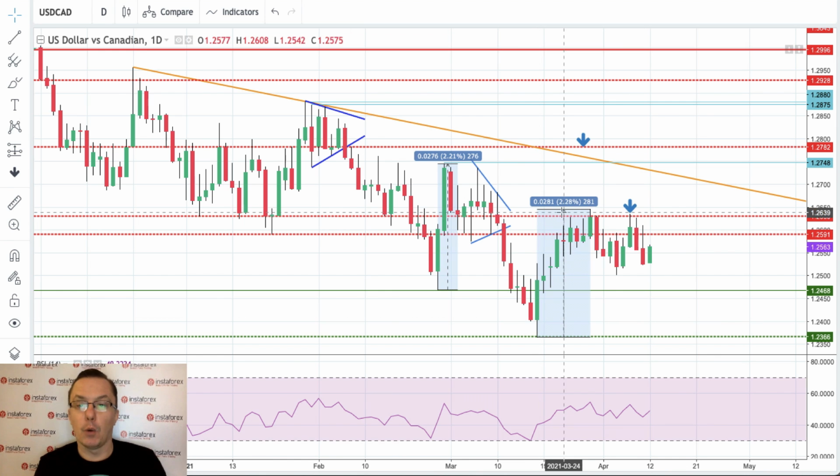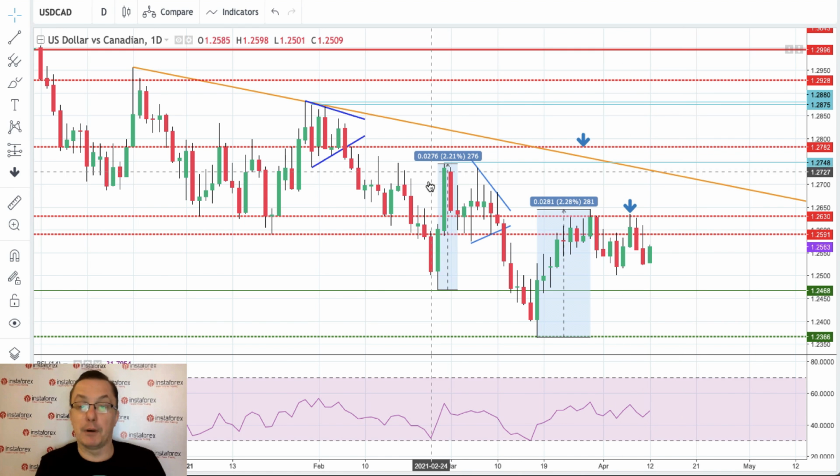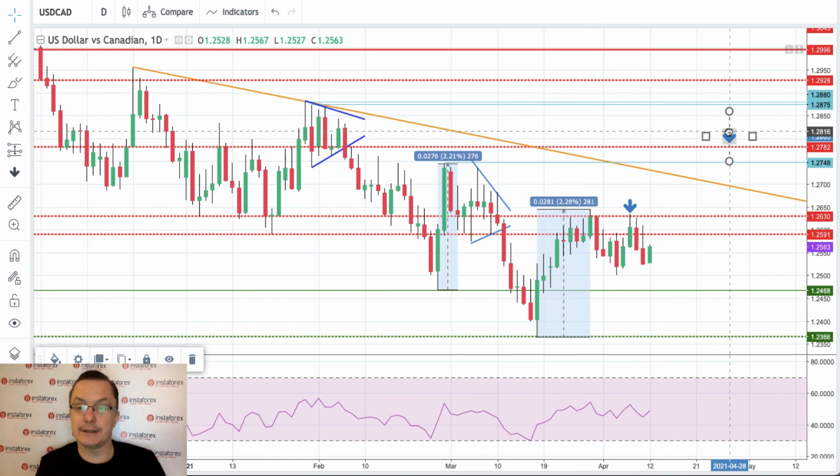Please notice we are still trading below this short-term trend line as well. So if bulls want to rally, they have to rally hard, and they have to break above the trend line around 1.27, above the highs from the 26th of February, 1.2748, and hit this level marked with this arrow, 1.2782.